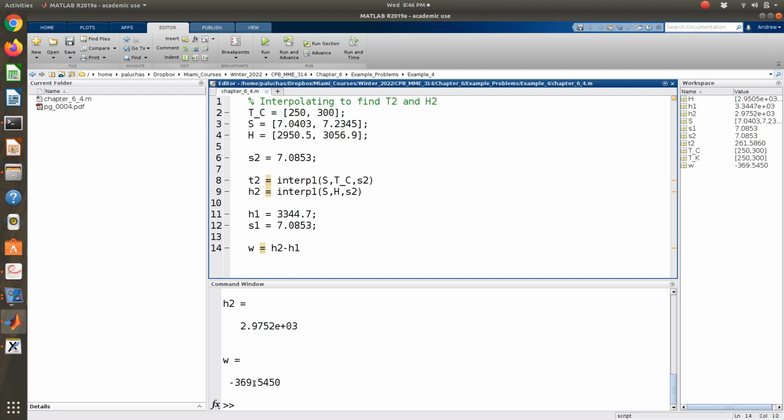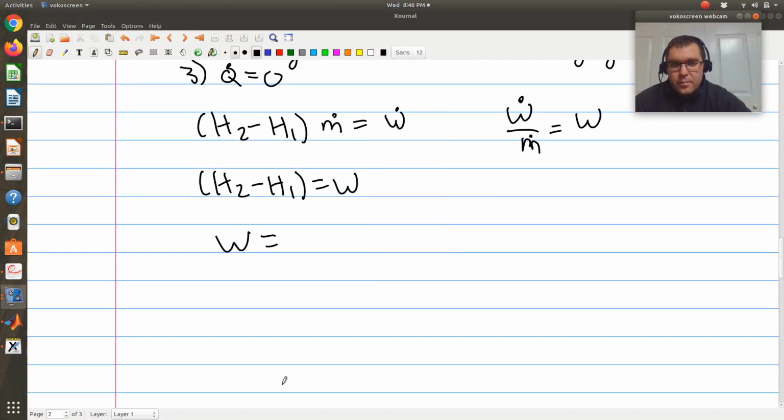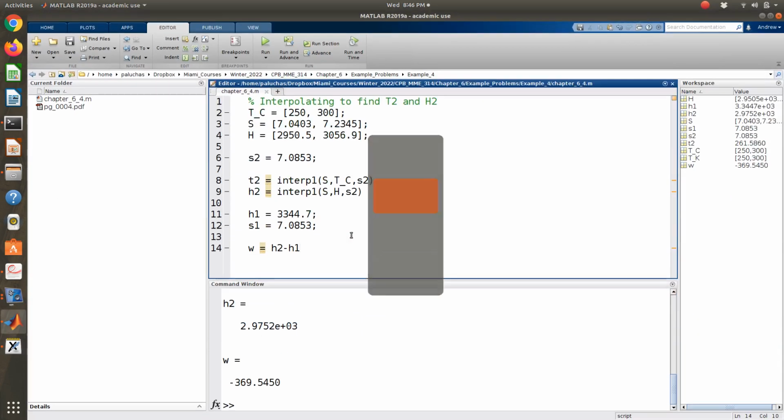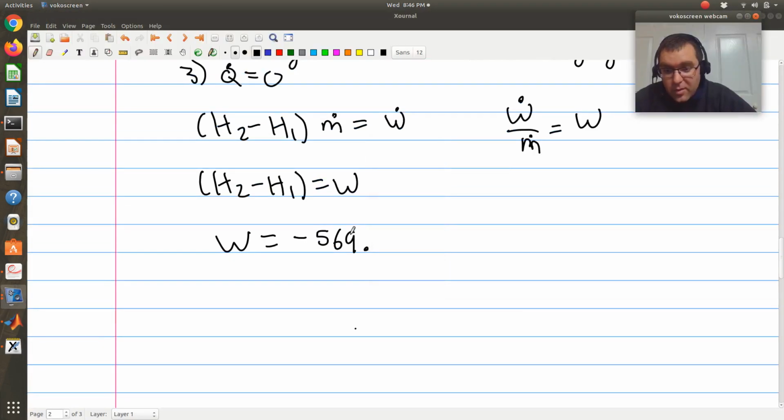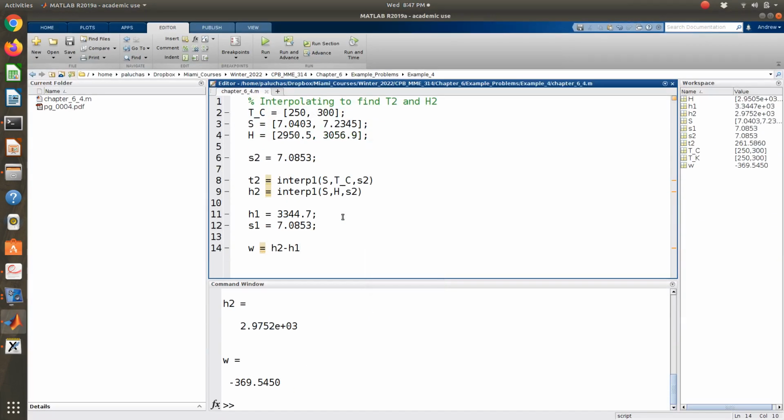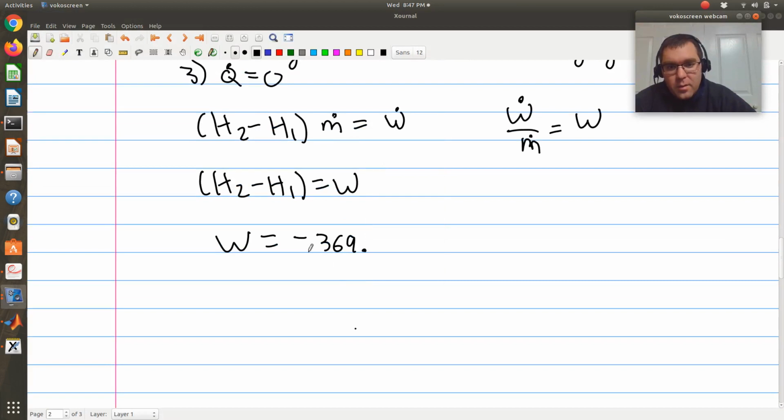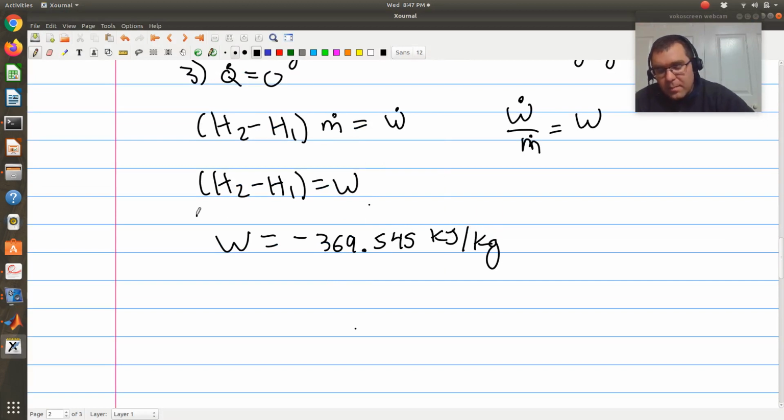So W is negative 369.545 kilojoules per kilogram.